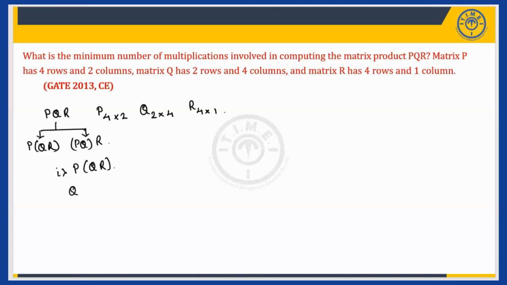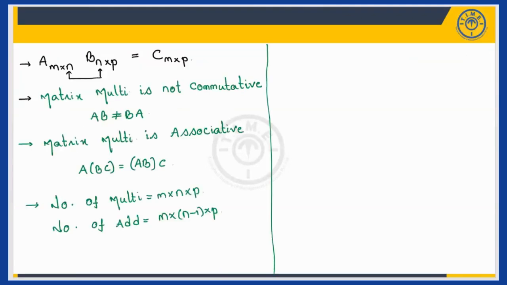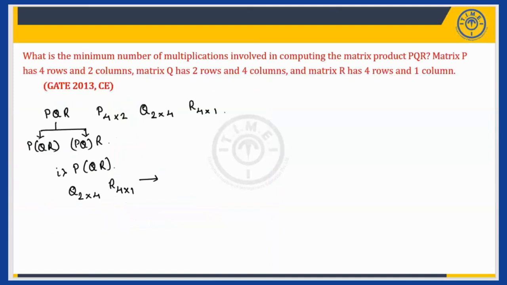First, if I evaluate Q, of order 2 cross 4, and R, of order 4 cross 1, the number of multiplications needed is M into N into P. So here it will be 2 into 4 into 1, which is 8.